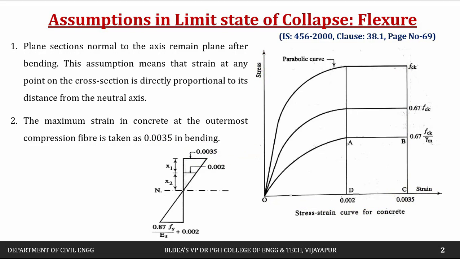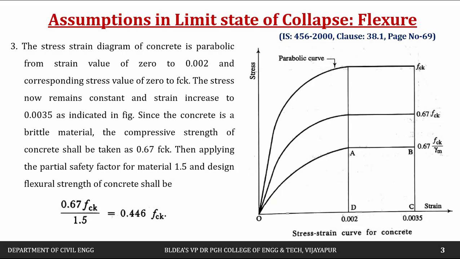Then the third assumption is about the stress strain curve of concrete. It is going to be parabolic from 0 to 0.002 strain, and stress also goes from 0 to fck, parabolic up to this point.